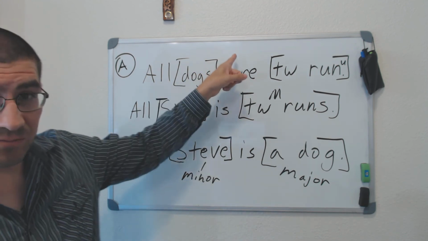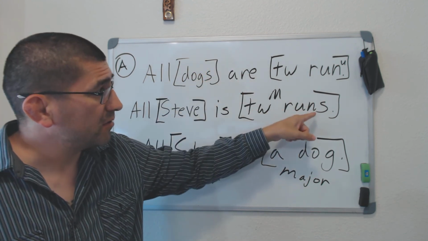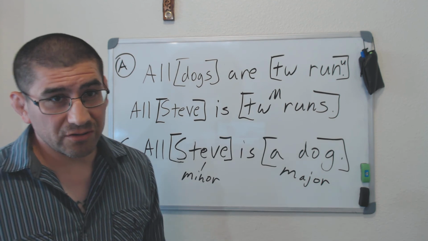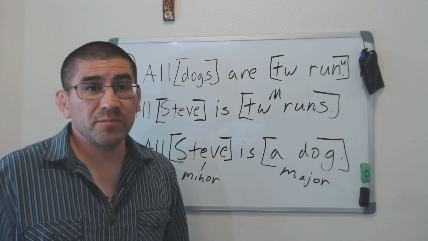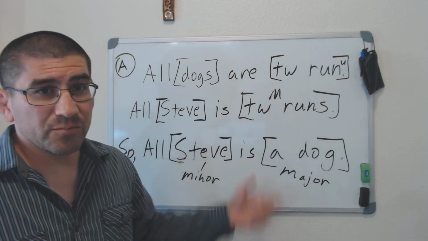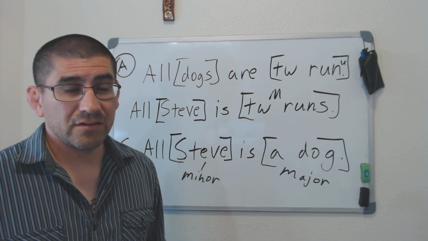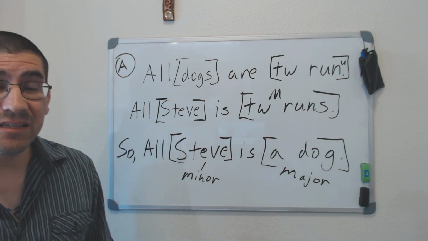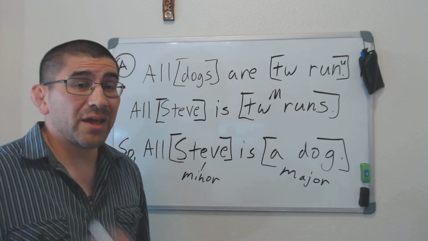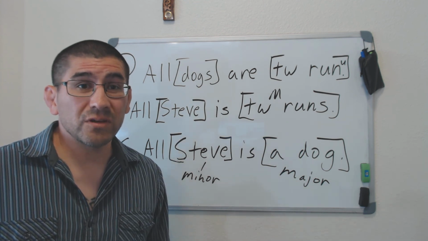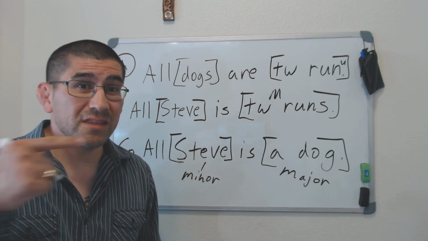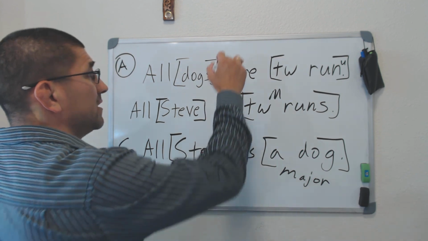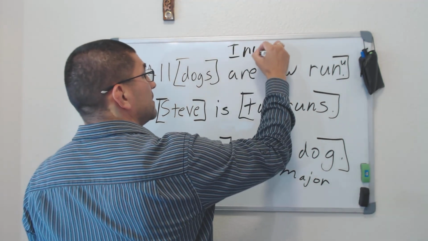This is the same as this premise right here. So this middle term is not distributed in either of the premises. So that means that this argument does not pass rule number 3. And so this argument would be invalid.